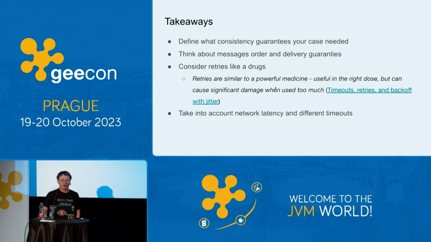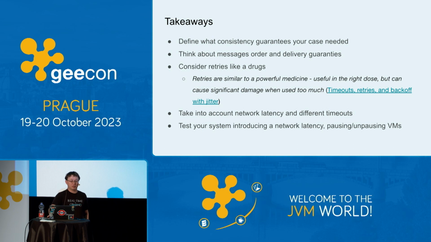Take into account your network latency and different timeouts, and what is more important, test your system by introducing artificial latency, by pausing and unpausing your VMs. It is very easy to do with virtualization and with Kubernetes or Docker infrastructure.